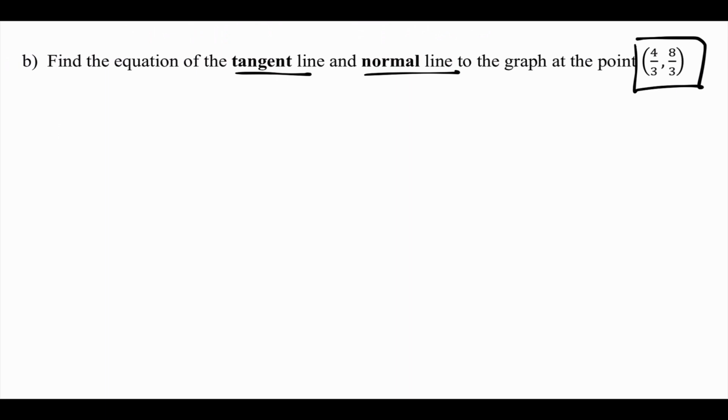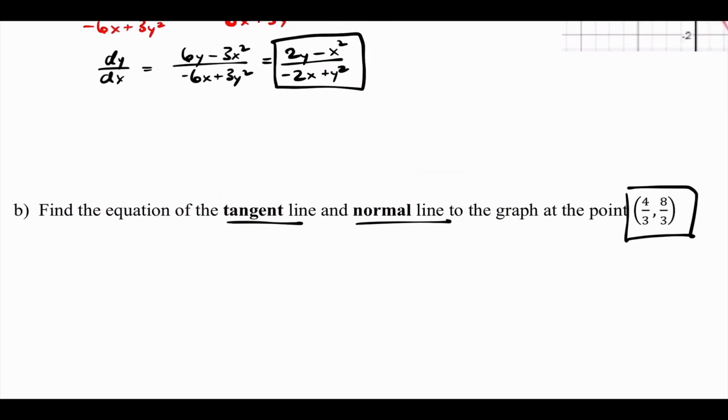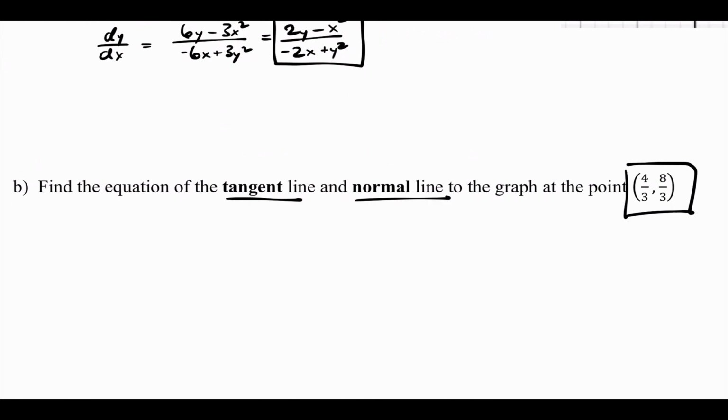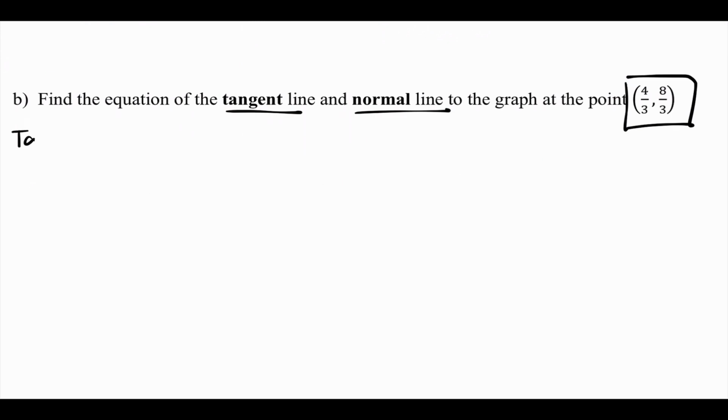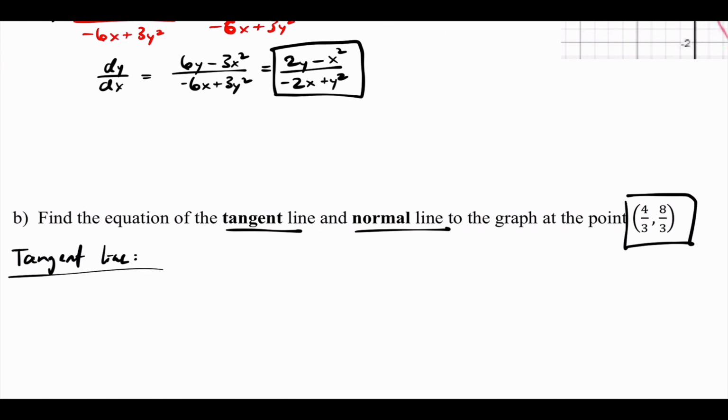So to find equations of tangent lines, we have to plug in values, right? So I'm going to do the tangent line first. I'm going to plug in my x and y to my derivative to find the slope first, right?